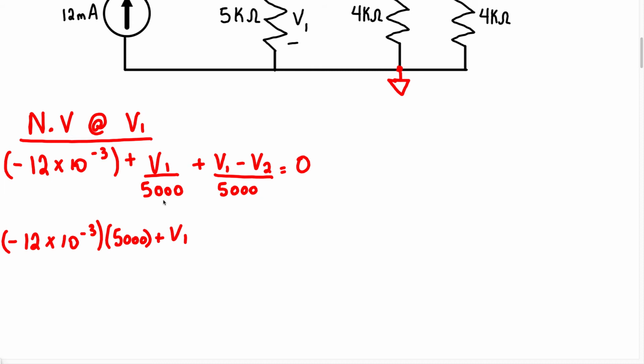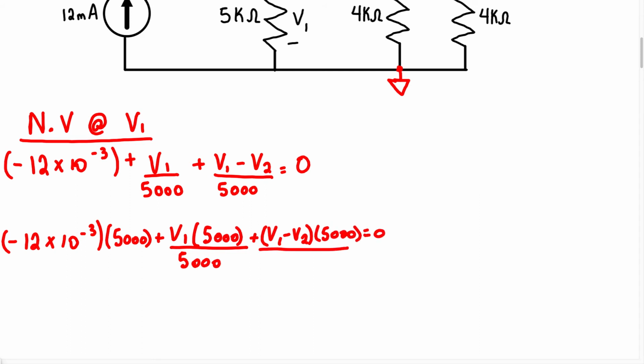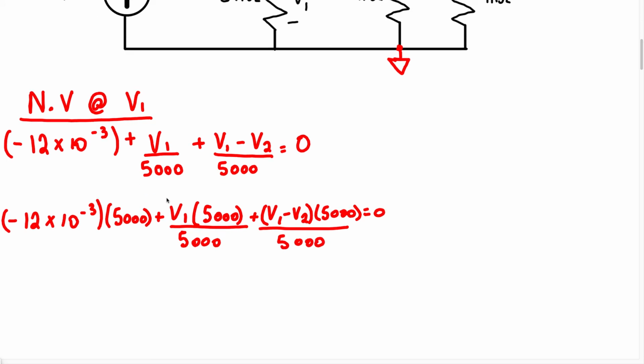So I'm not even going to write it back. Actually, let me just write it back. 5,000 over 5,000 plus V1 minus V2, 5,000 equals 0. I mean, it's also going to be over 5,000, right?